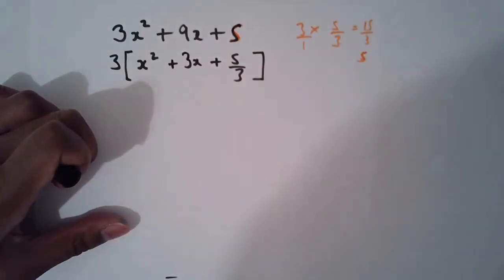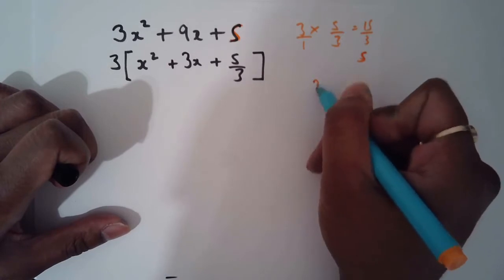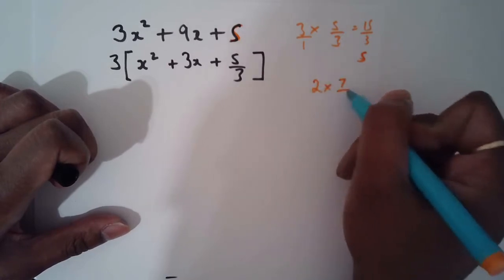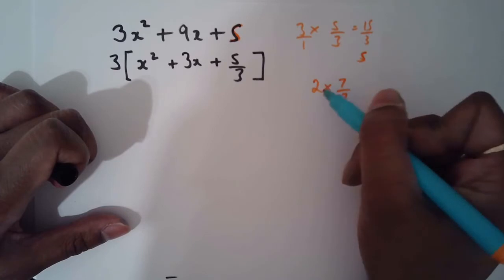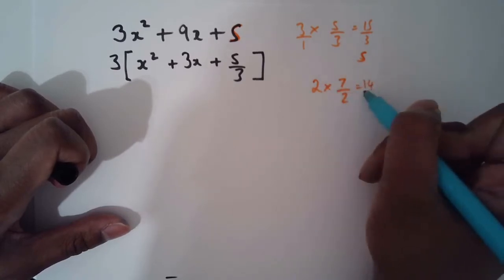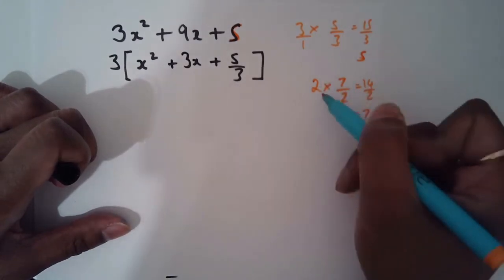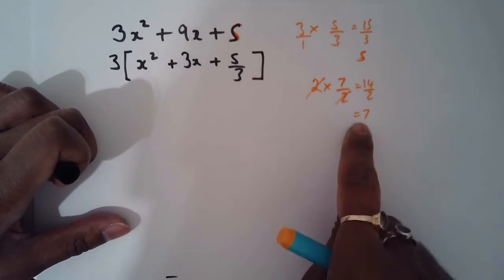See? Just another random example: 2 times 7 over 2. 2 times 7 is 14. 14 over 2, 14 divided by 2 is 7. So basically what's happened here, the 2's have cancelled to leave you with the 7.